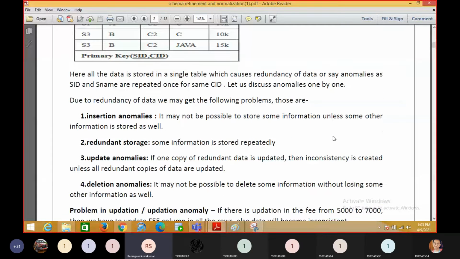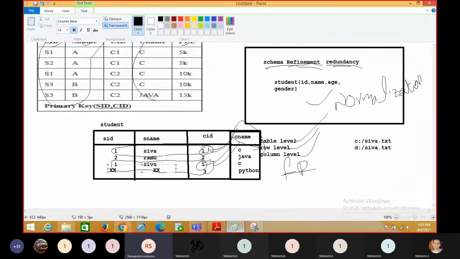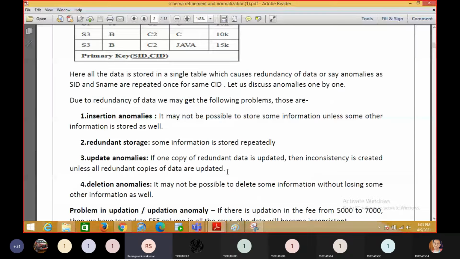See the update anomalies. If one copy of redundant data is updated, here we have duplicate, redundant data, and we are trying to update it. See what happened.